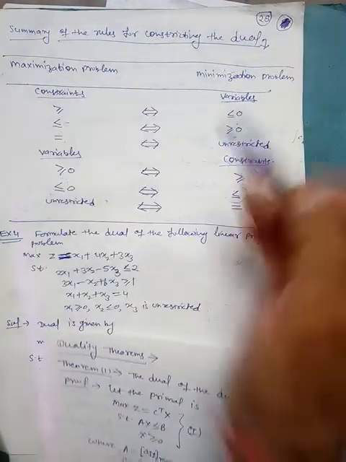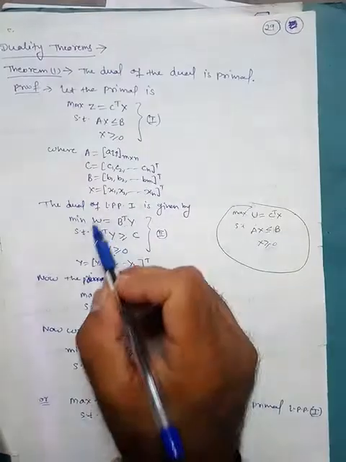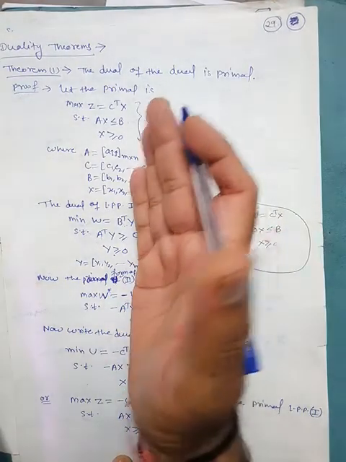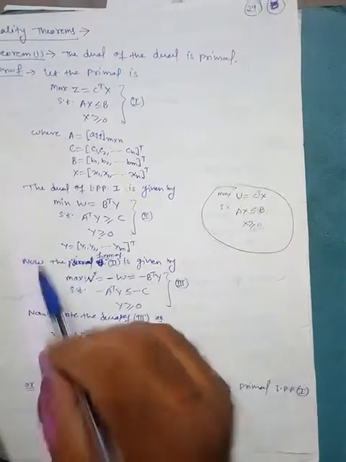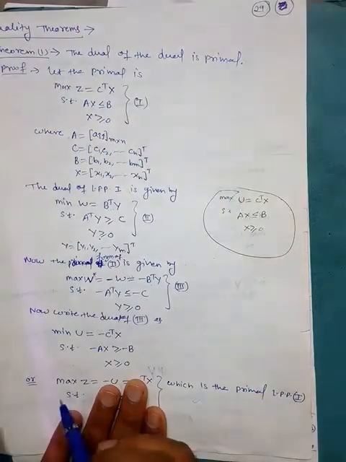Now construct the dual of this problem again with the help of the table from right to left. Either you can convert this problem into maximization and then take its dual, or you can directly construct the dual from the right to left side. So suppose here we have converted the problem into a maximization one.